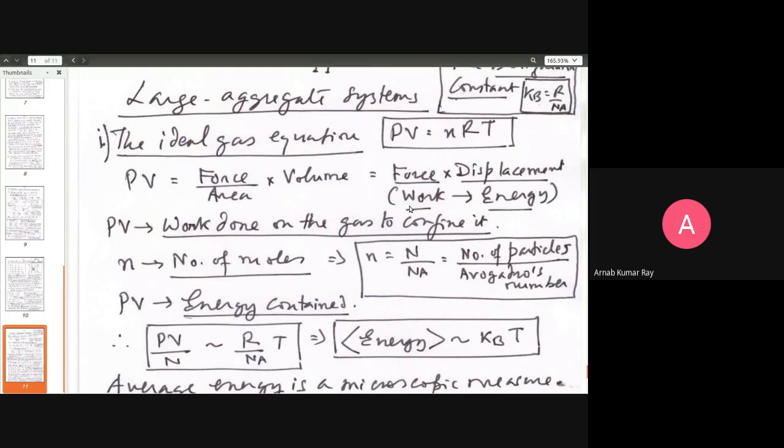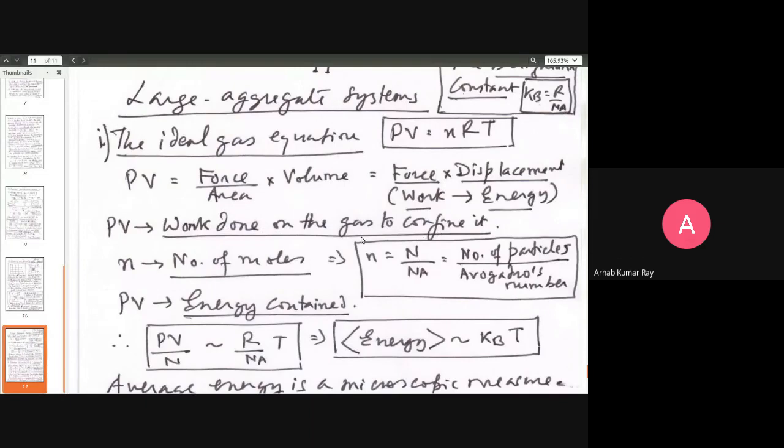So it is with a gas: it would rather be spreading outwards in all directions, and you are forcing the gas to stop by building container walls all around it. Nevertheless, the gas will continue to exert force against the container wall, and that force per area is understood to be pressure. So basically, PV is the work done on the gas to confine it.